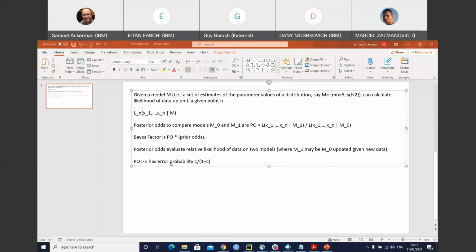Because the variance shrinks when you update the data, that'll be the M1, the updated model in this particular case.